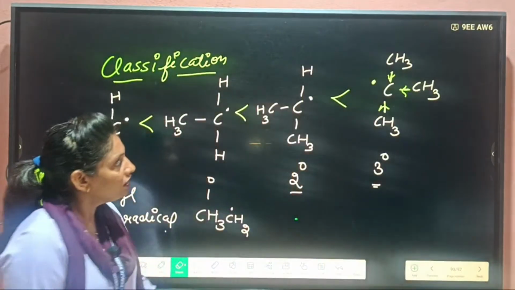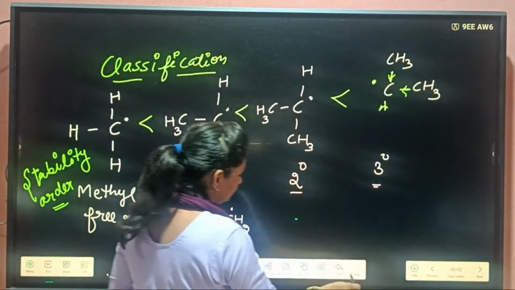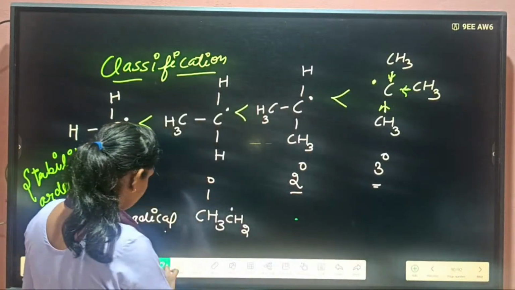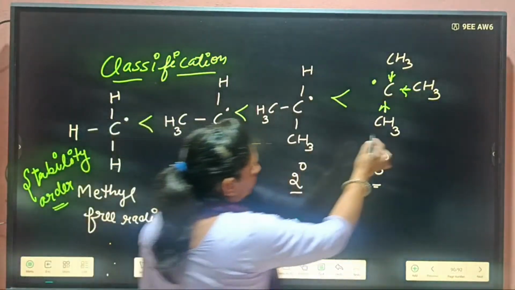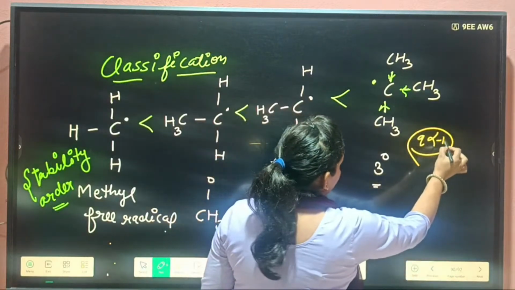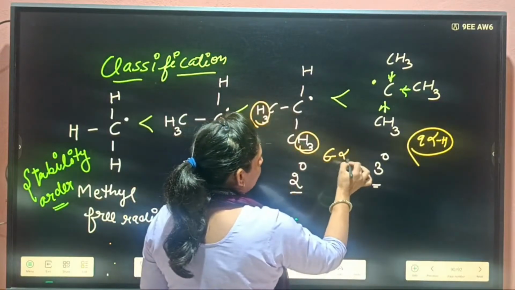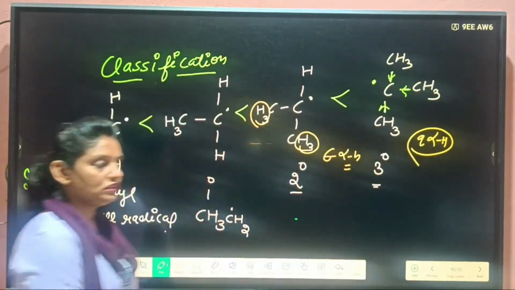Here with 9 alpha hydrogens, it can form 9 structures. Here how many? 6 alpha hydrogens only, so it can form 6.